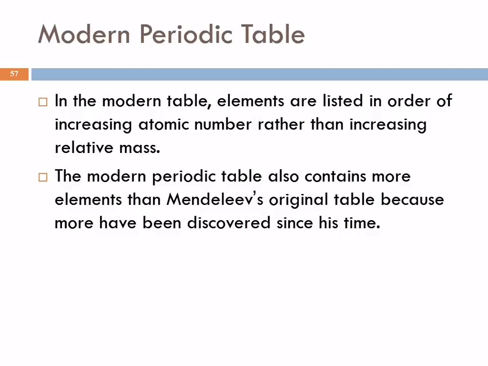Between cobalt and nickel. Yeah, cobalt and nickel. Cobalt is 58.93, nickel is 58.69. You expect it to be higher. 52 and 53, tellurium and iodine, 127.6 and 126.9. Higher number, lower mass.